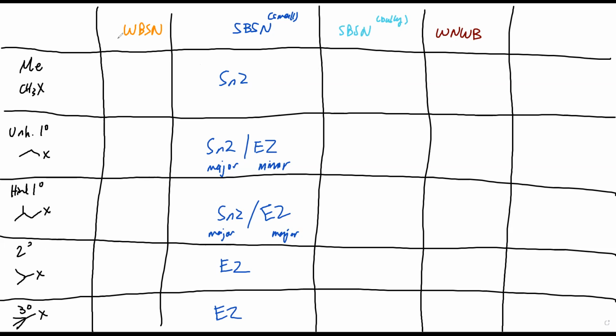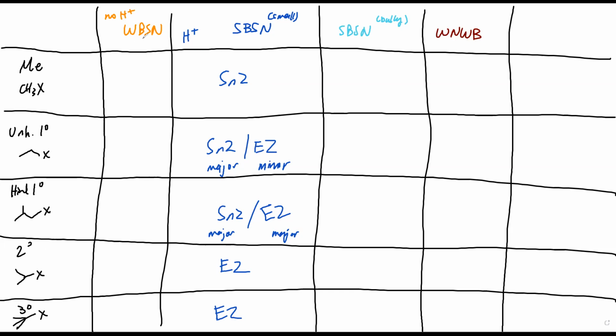Now, to contrast, weakly basics are never going to do eliminations because they're weakly basic. They don't like protons. So one thing you can tell yourself is that this is a no H plus type of reactant, and this is an H plus type of reactant, because these guys like protons and these guys don't. Remember, bimolecular reactions are dominated by strong nucleophiles, and E2 requires an affinity for proton, and these guys don't like protons.